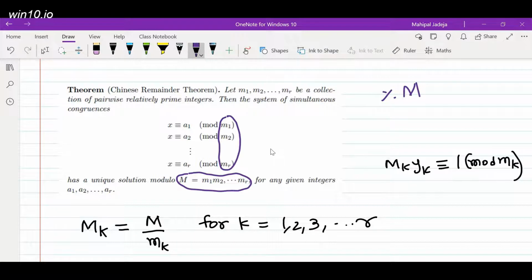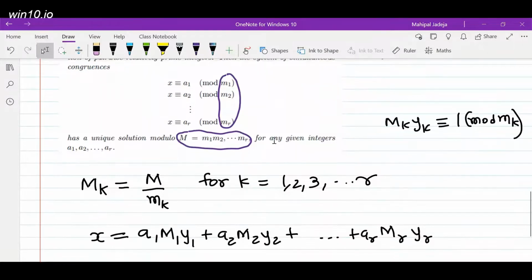And whenever we are considering the very first term, in the very first term we are not including m1, we are multiplying the first term with m2, m3, m4 up to mr. So that value is found like this: Mk is equal to M upon small mk, right?